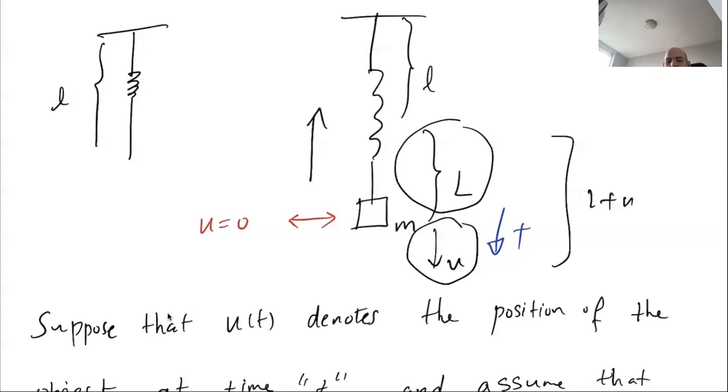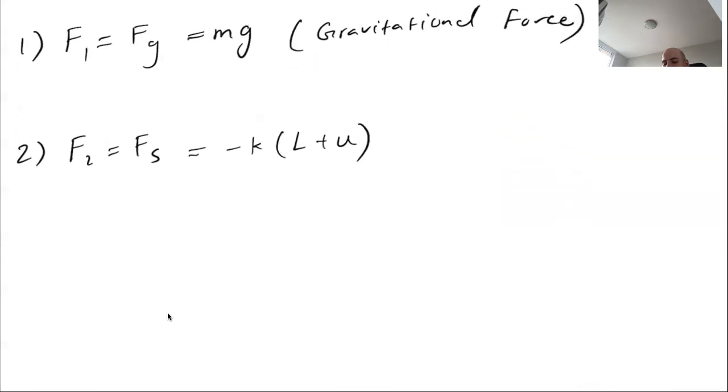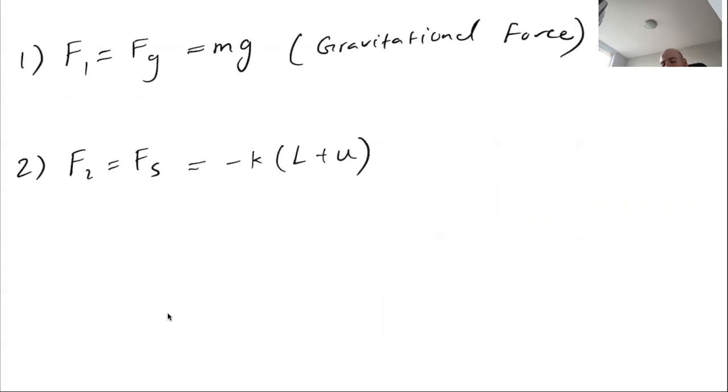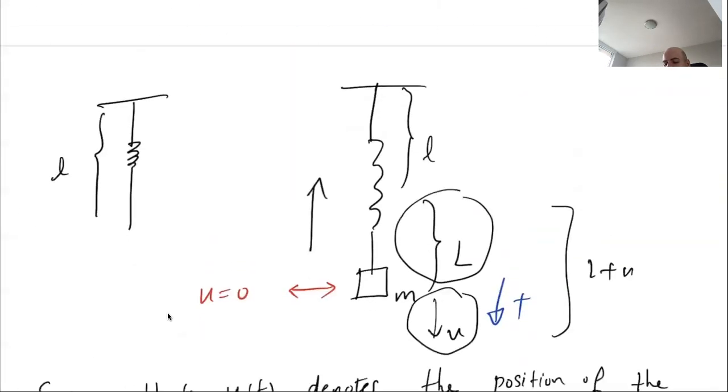And if I assume that the spring constant is k, then by Hooke's law I can write the force applied by this spring as minus k times (L plus u). Minus is because it's in the upward direction. k is the spring constant, and L plus u is the total displacement.